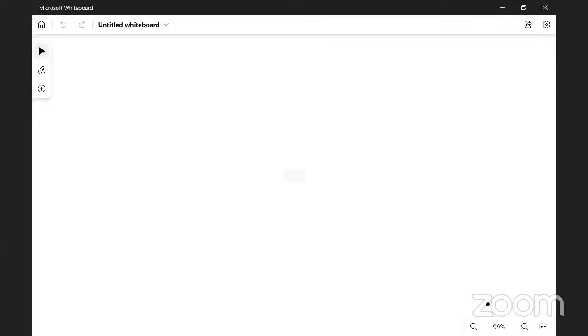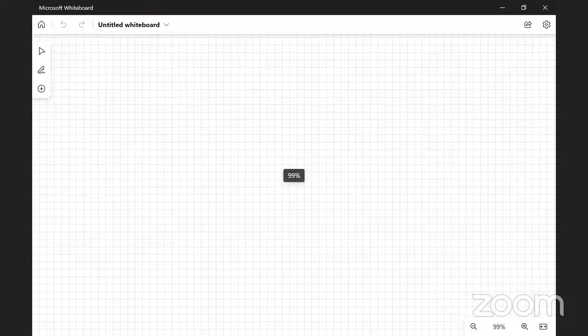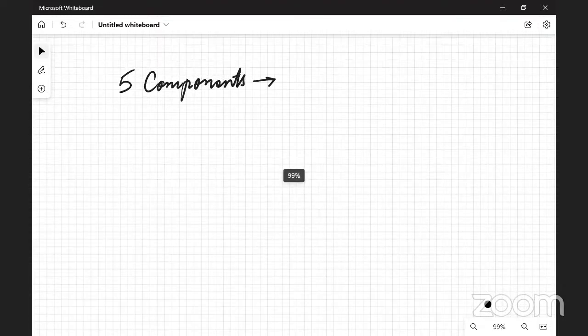Okay, is my screen visible? Yes, sir. So the 5 components of machine learning are... Would anybody like to volunteer for this?